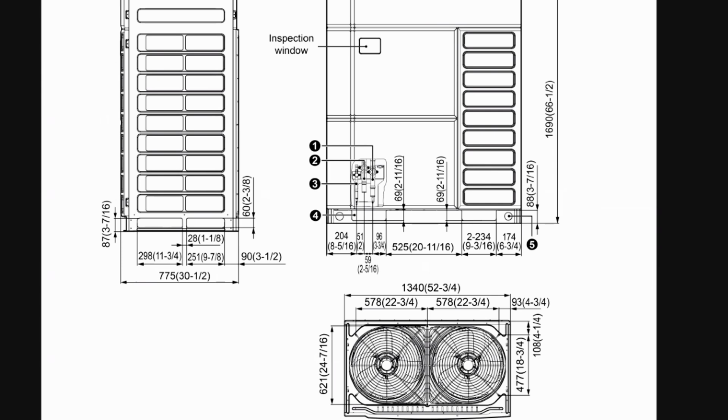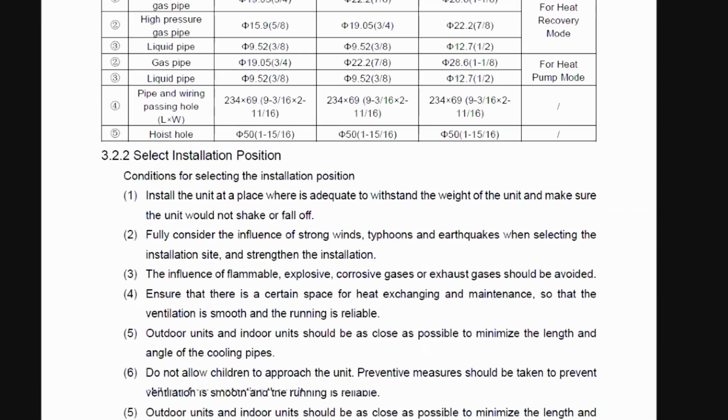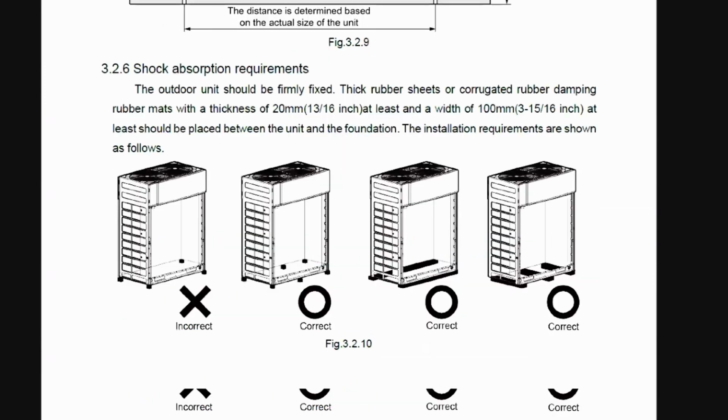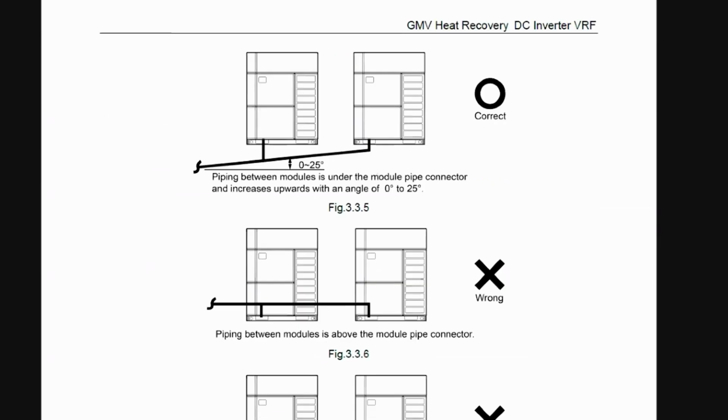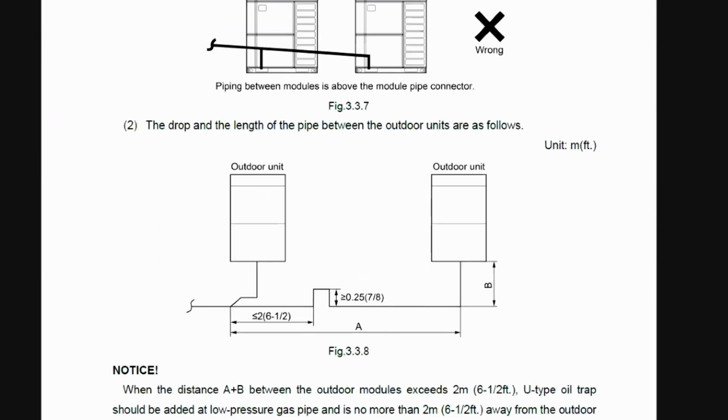And then since we're still in that install manual, let's go to page 19. All right. So let's go up a little bit where it showed the piping straight across, right?